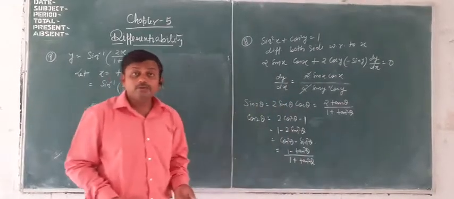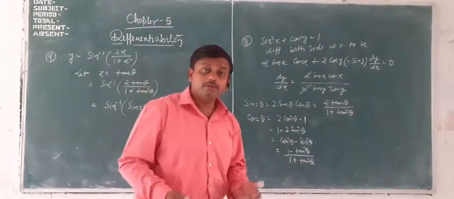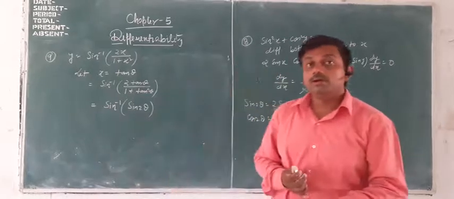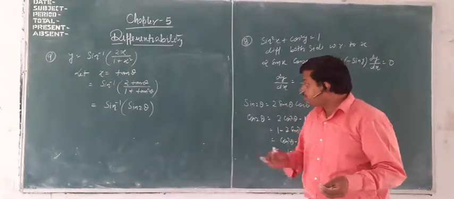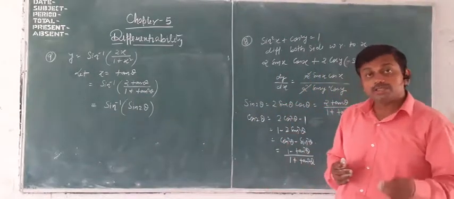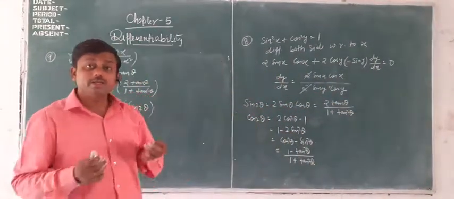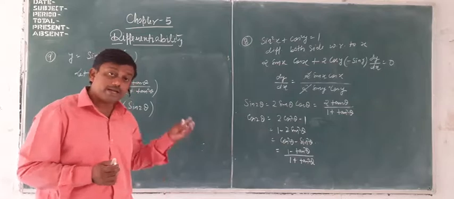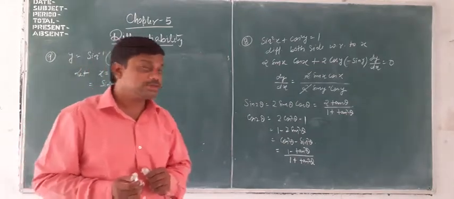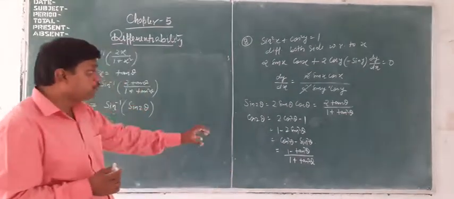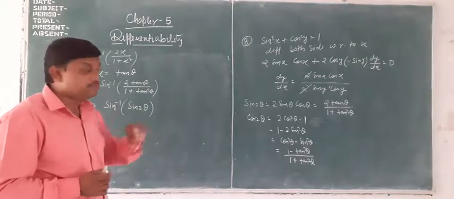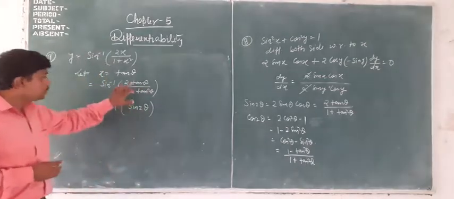Tan 2 theta is 2 tan theta divided by 1 minus tan square theta. Sin 2 theta हो गया, cos हो गया, tan हो गया, sin 3 theta, cos 3 theta, tan 3 theta. So these are the results that I have already discussed in class 11th. You need to memorize each formula. So this is the result of sin 2 theta.